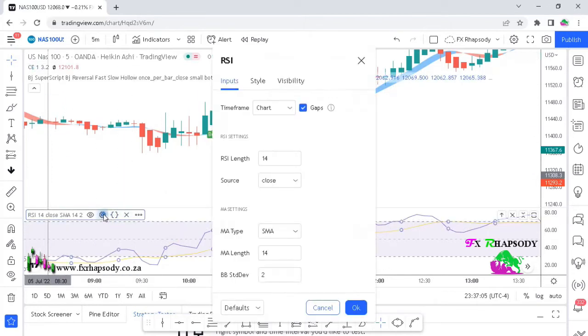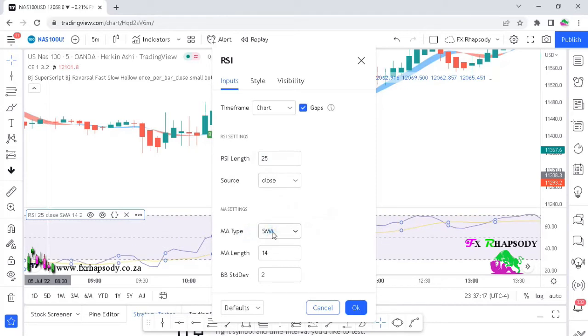So on the RSI side of things, what we want to look at is your RSI length. I want to change it to 25. And then always make sure that your MA type is simple moving average, SMA. Your MA length, we will change to 150. And then this all will stay the same.